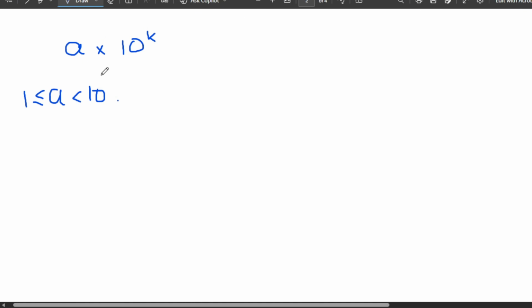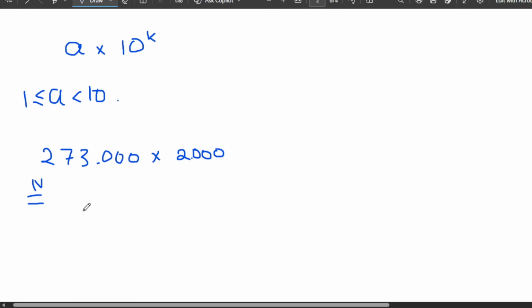Okay. Now, another example. Let's say 273,000 times 47,000 times 2,000. What will be the result if we put it in scientific notation?